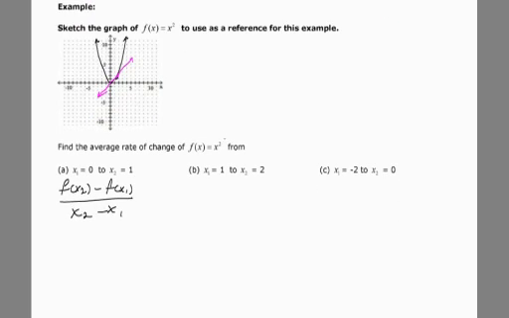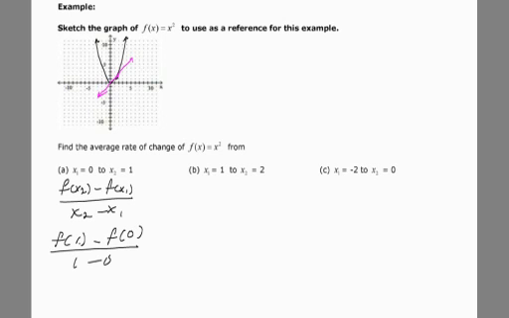Well, the function is f of x equal x squared, so let's use that function to make our calculation. So it's going to be f of, what's x2? 1 minus f of 0. So it's f of 1 minus f of 0 over x2 minus x1, 1 minus 0.